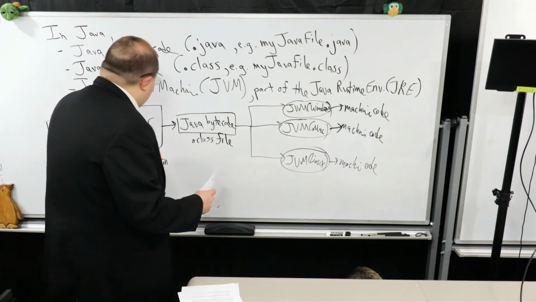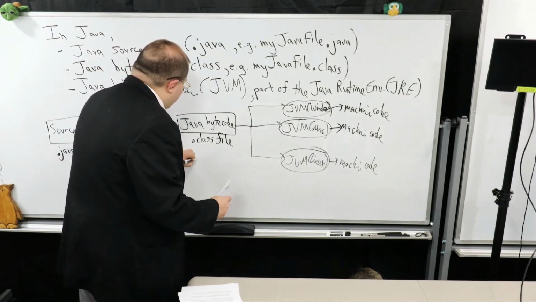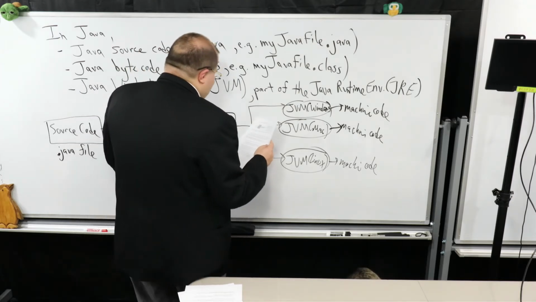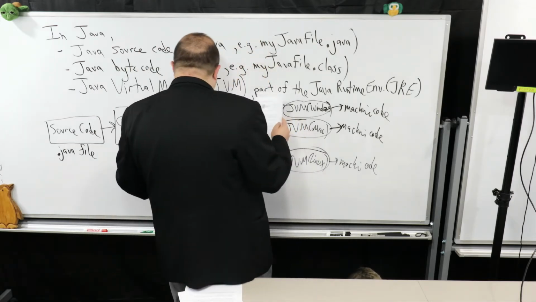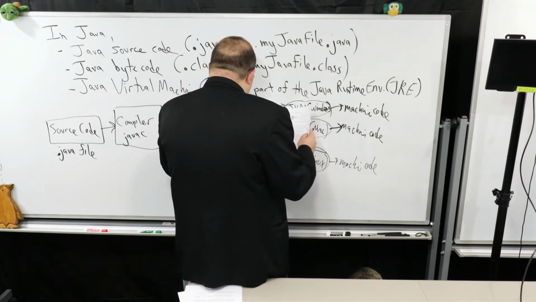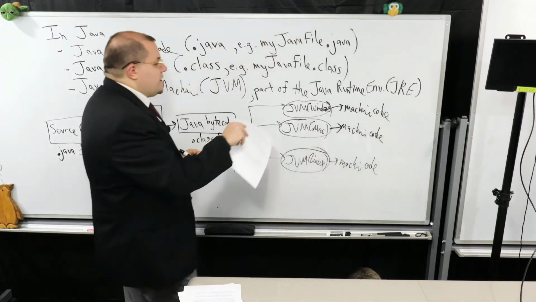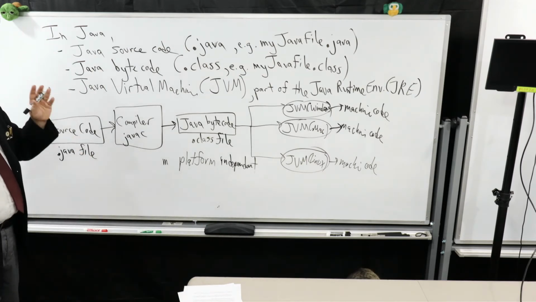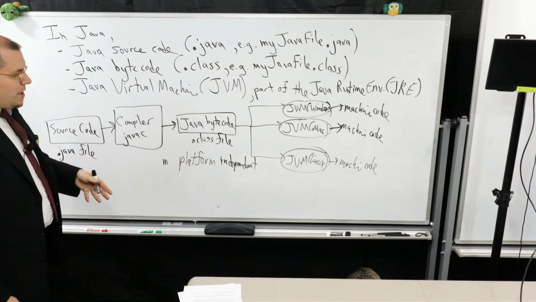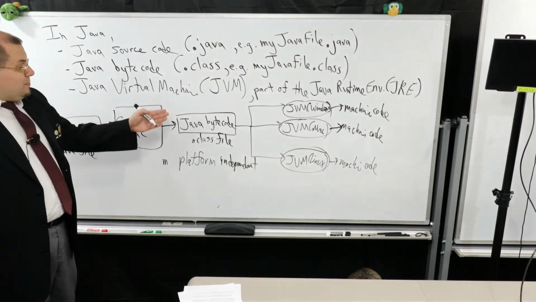So this is something we would call, if you want to get very buzzwordy, and it's a word I made up, I think. It could be a word tomorrow, I don't know. It's platform independent. So as long as you have a JVM, and that JVM indeed works the exact way you would expect it to across all these platforms, it doesn't matter.